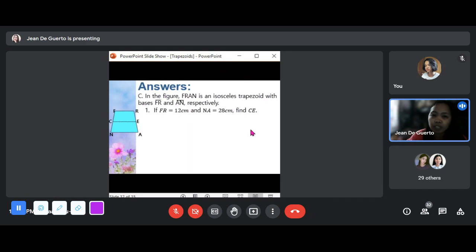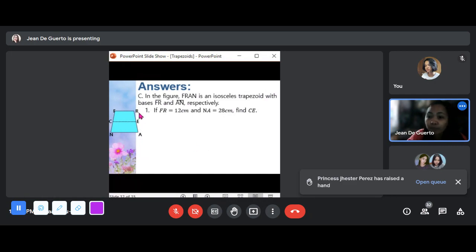The median is equal to 1/2 of the sum of the two bases. So what will be the measure of CE? If the measure of CE is 1/2 of the sum of these two bases, base 1 and base 2. Usually, ang nire-refer nating base 1, Princess.